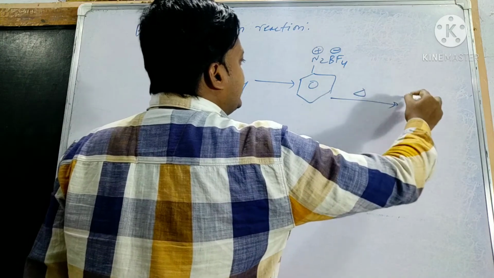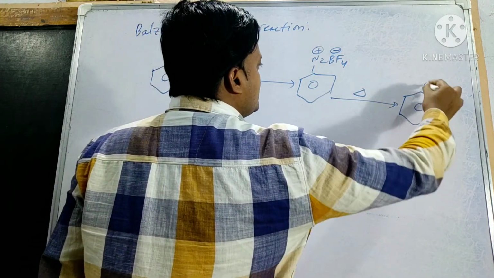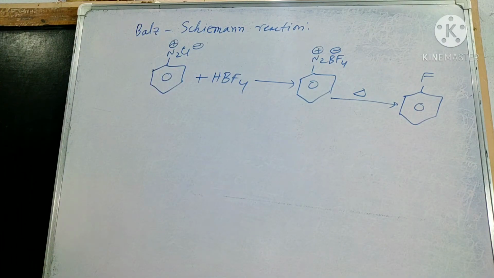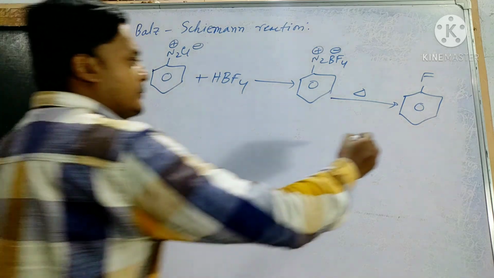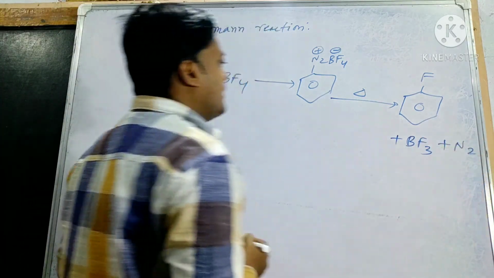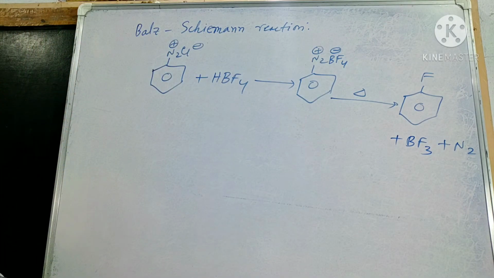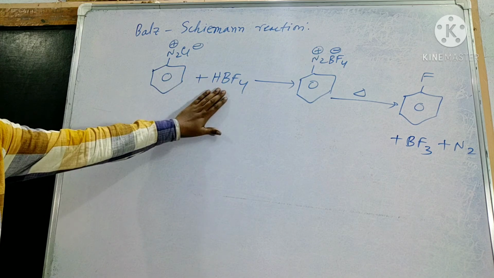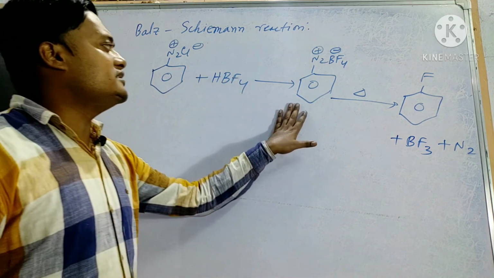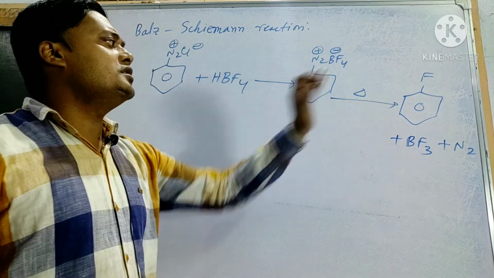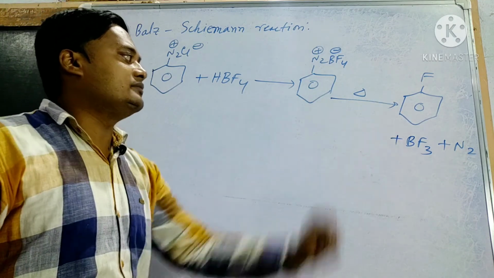That on heating produces fluorobenzene, and the byproducts are BF3 and nitrogen. So benzene diazonium chloride first reacts with HBF4 to form benzene diazonium fluoroborate. That on heating produces fluorobenzene, that is our main product.